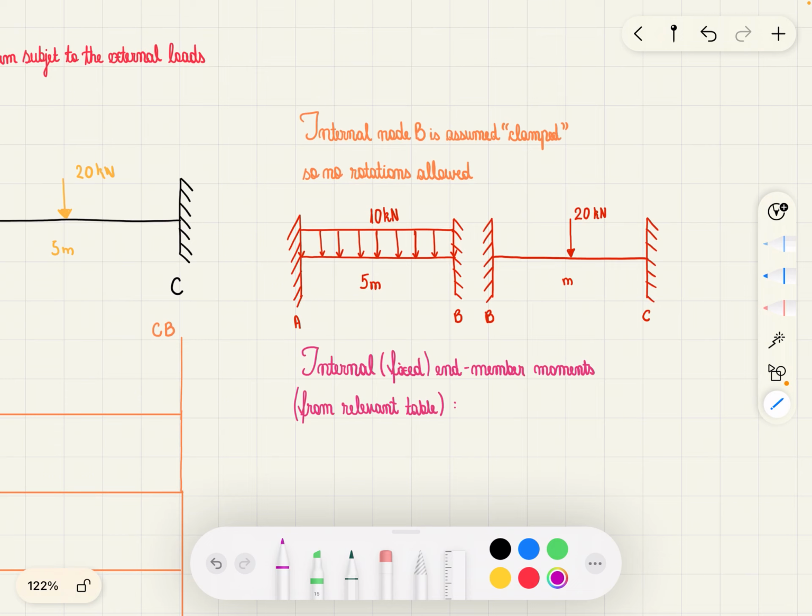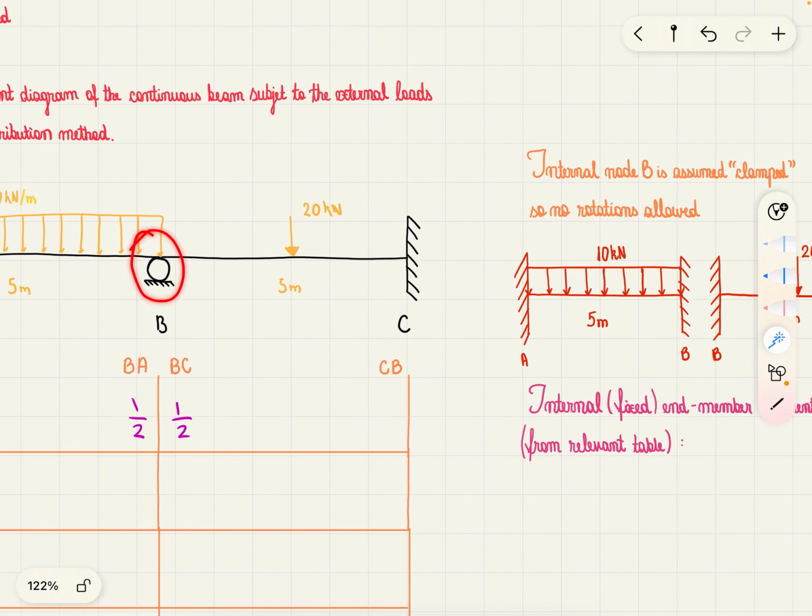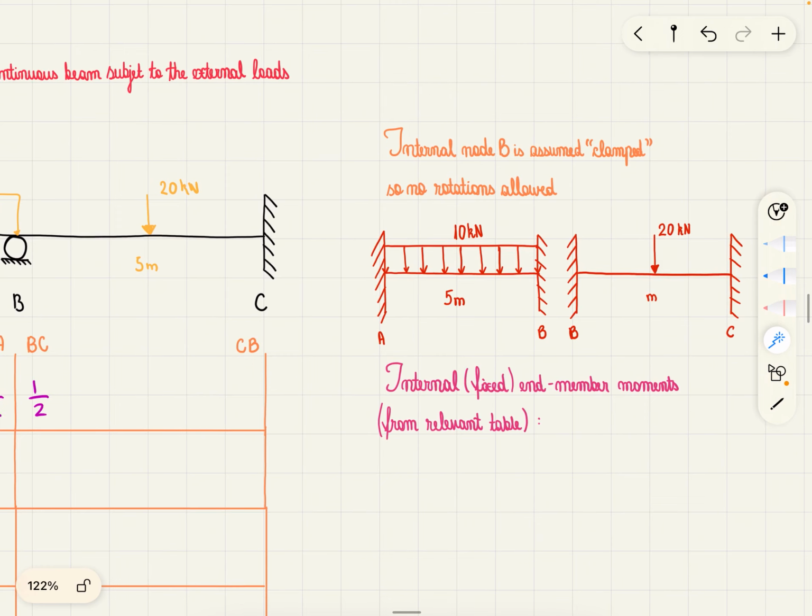Now we want to find the initial moments. But before we find the initial moments, we're going to have to assume that node B is clamped. This is the difference. We basically have split it into two fixed supports. This means there's no rotations allowed. So what we're trying to find is the internal end-member moments.